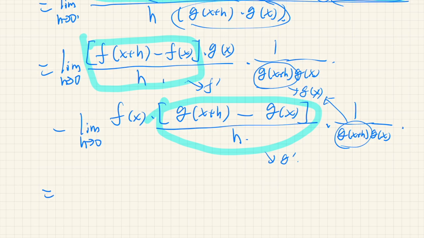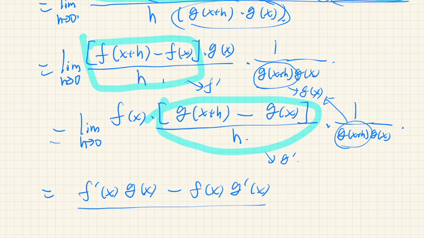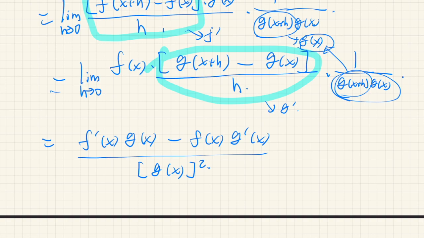So in the end, we have f prime of x, g of x, minus f of x, g prime of x, divided by this. So that is, we have g of x squared. So that's the result.